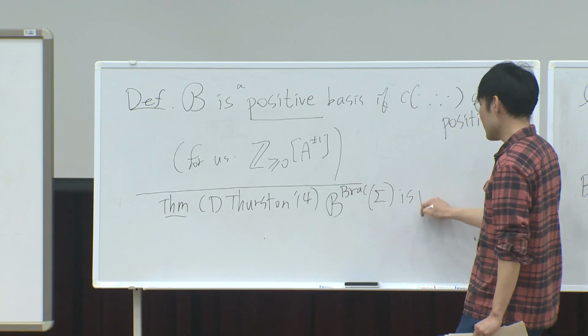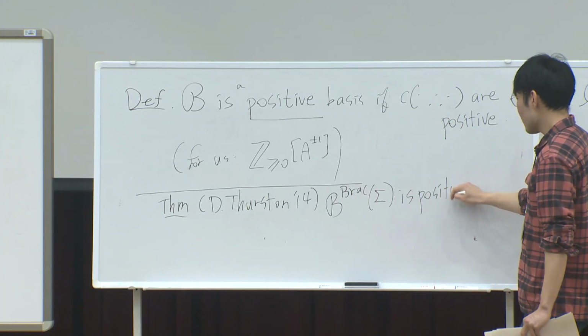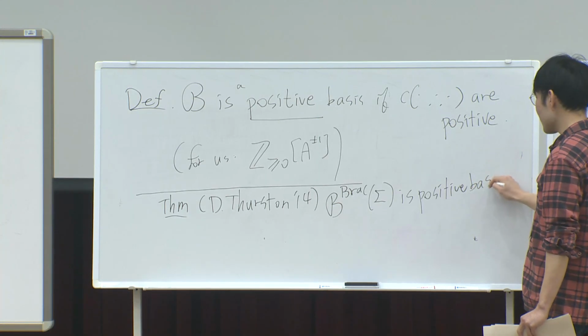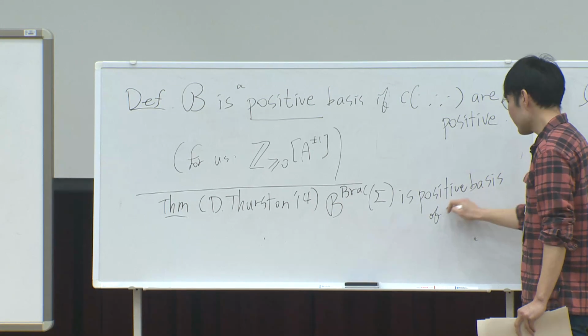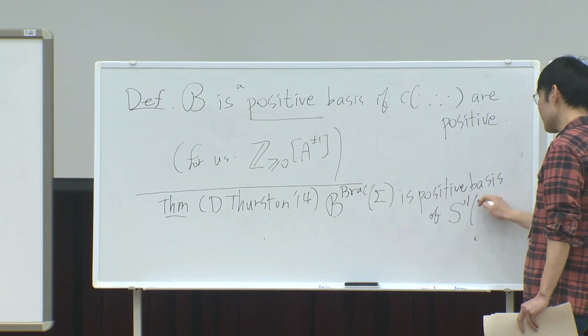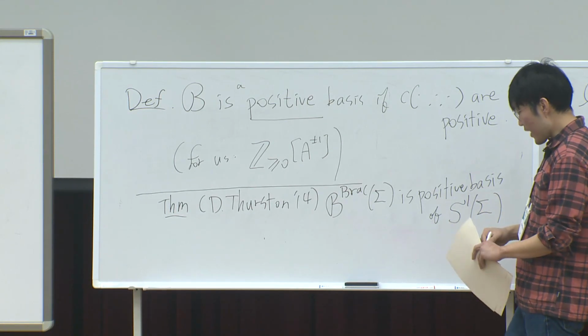It's a positive basis of the classical skein algebra at A equals 1. He sort of proved it by hand.